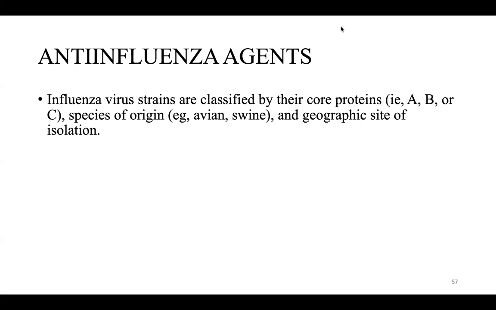Influenza A, the only strain that causes pandemics, is classified in 16 H hemagglutinin and 9 N neuraminidase subtypes based on surface proteins.